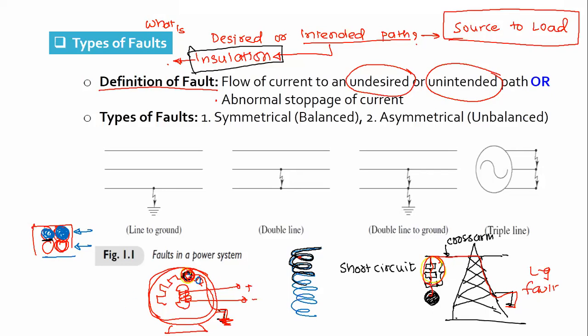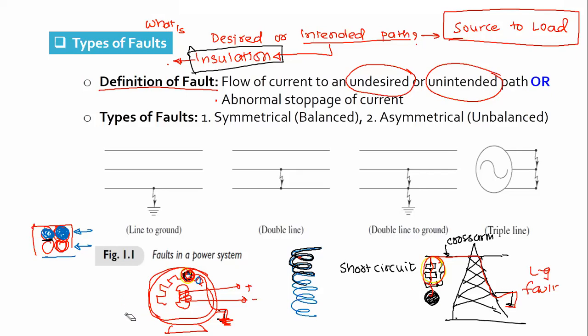Okay, because generally, see, the body of the machine, we keep it earthed for safety reasons. Otherwise, if it is not earthed, what will happen? If there is an insulation failure, the phase conductor will come into contact with the body, and that potential is directly available at the body.